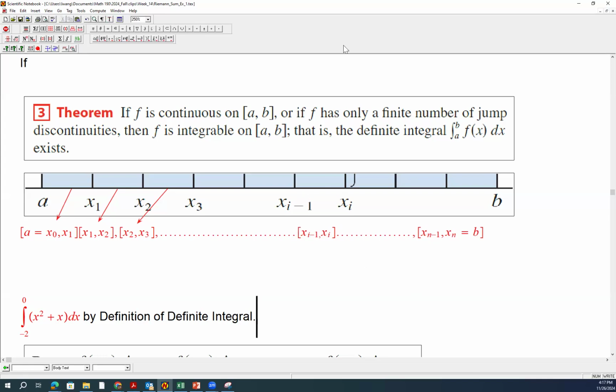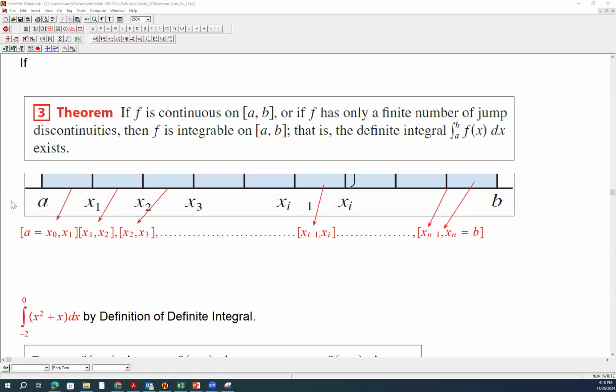So the ith interval is right here. And the last one is this piece, and of course this point is x sub n minus 1. So this point is right there. So these are the intervals in the substitution.